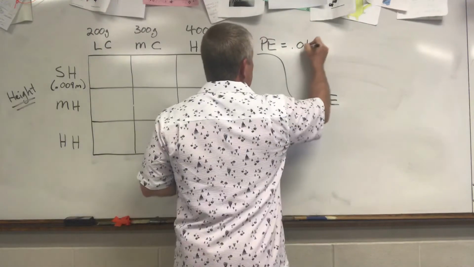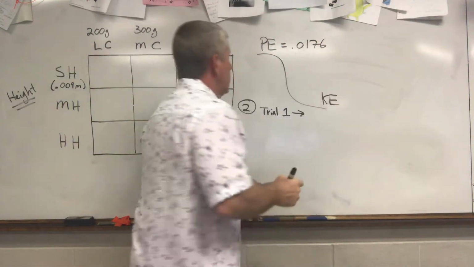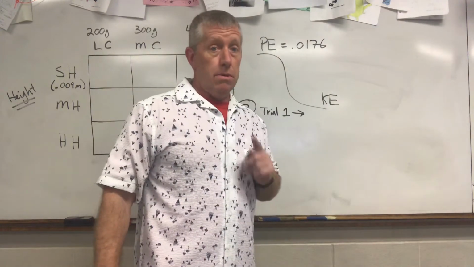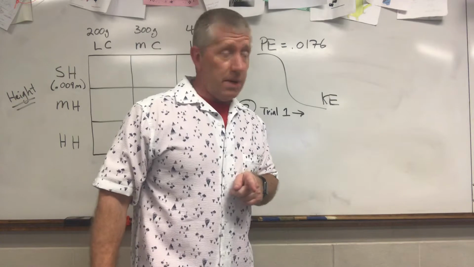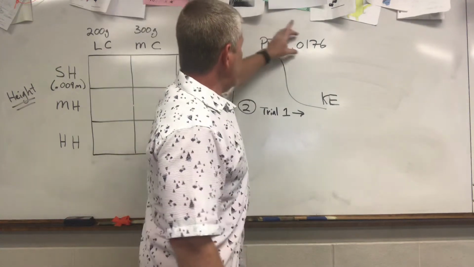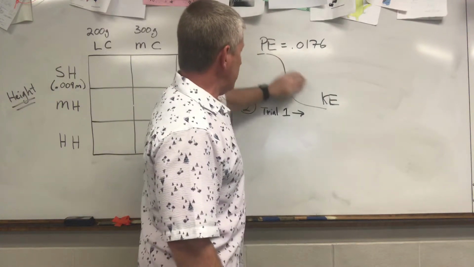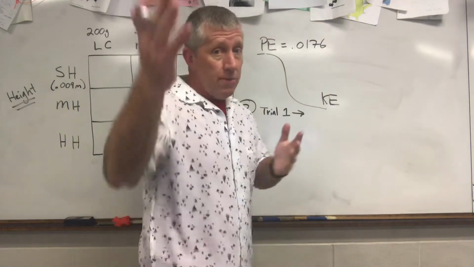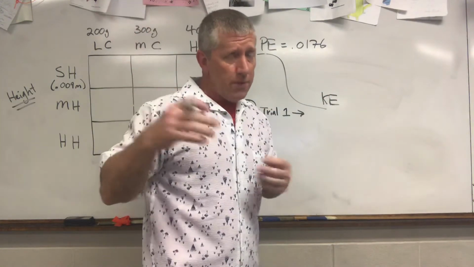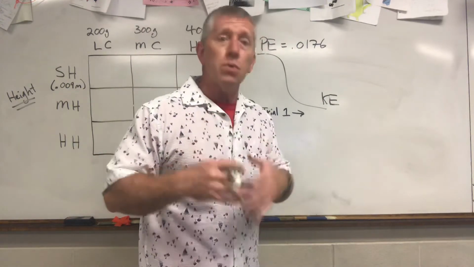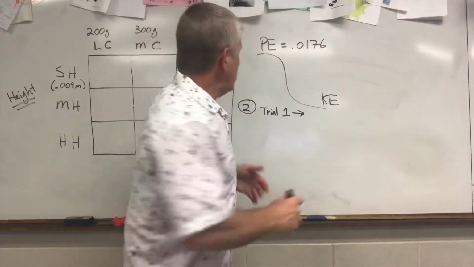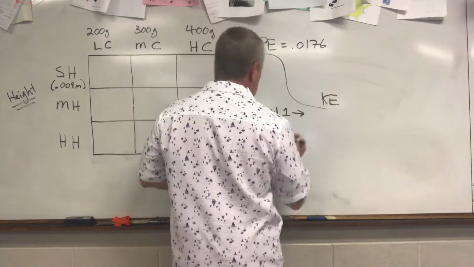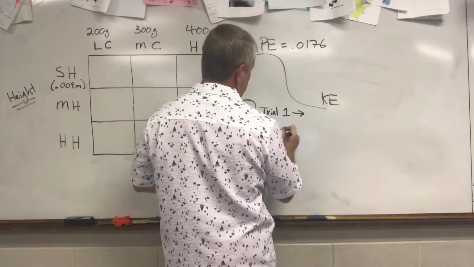So the potential energy at the top should become the kinetic energy at the bottom. So now, how do I figure out the velocity? These are the same, assuming no friction loss. We almost are virtually frictionless. We haven't lost all the friction, we've lost a lot of it, so we're assuming no friction. So that becomes that, and this, for trial 1, is 0.0176.